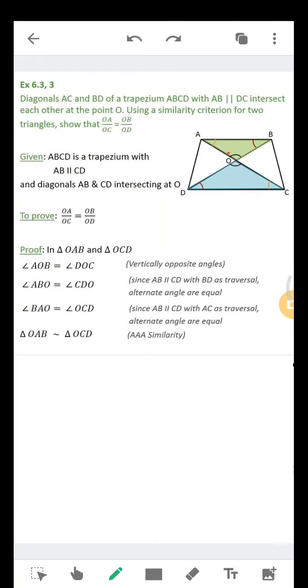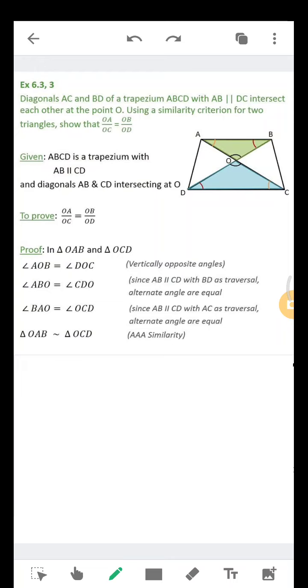These two angles are equal, vertically opposite angles. Then this angle is equal to this angle, alternate angles. And this angle is equal to this one, they are also alternate. So three angles of the green colored triangle are equal to three corresponding angles of the blue colored triangle. So I can say these two triangles are similar.